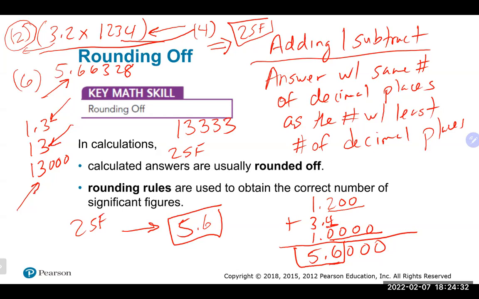But let's say we turn this into money and I owed you $13,333. And I say, I'm going to pay you 2 significant figures. Here's $1.3. Not going to make it out of the room, right? There's a very big difference in the meaning of this number and the meaning of the number we're really looking at. Same thing with 13. Maybe you let me get out of the room with $13?